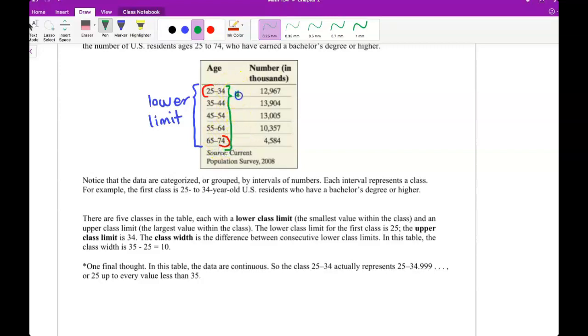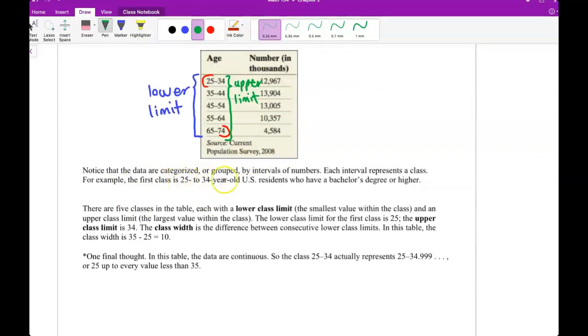So these are upper. Okay, so each one of these are interval, and each interval represents a class.